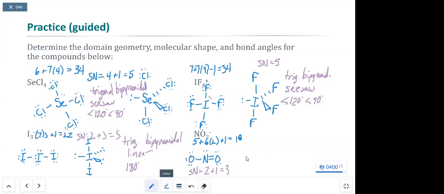So to redraw this, since all three of those positions are equivalent, where we put the lone pair does not matter. We can put it wherever we want. Usually out of convention, we put it up top.